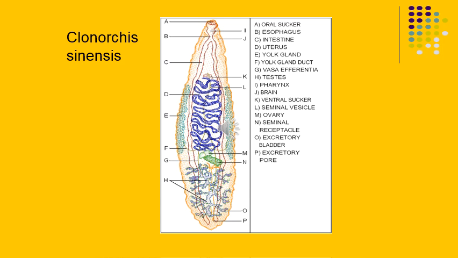A is oral sucker, B is esophagus, C is intestine, D is uterus, E is yolk gland, F yolk gland duct, G vasa efferentia, H testis, I pharynx, J brain, K ventral sucker, L seminal vesicle, M ovary, N seminal receptacle, O excretory bladder, P excretory pore. So we could introduce all parts of Clonorchis sinensis in this slide to you.